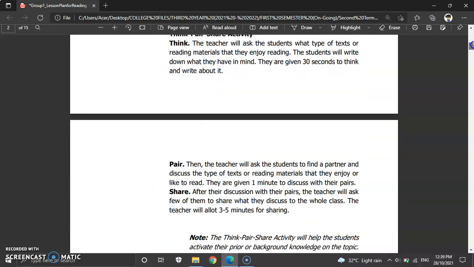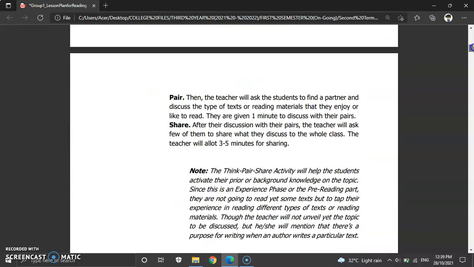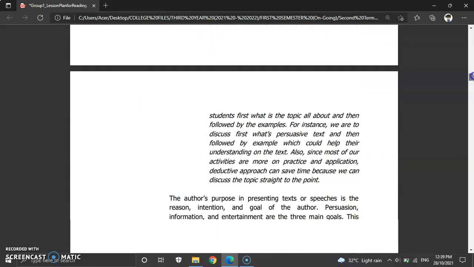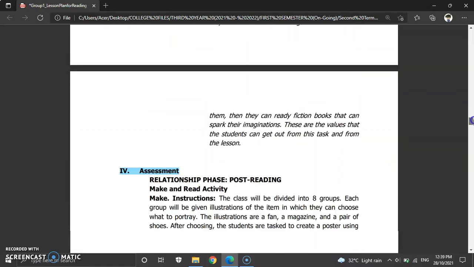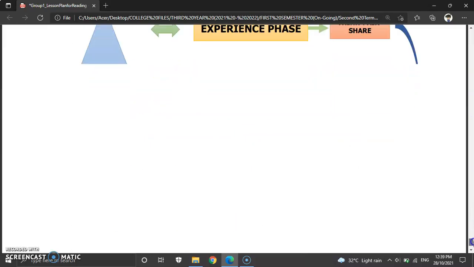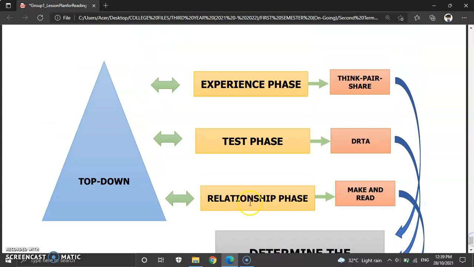I will not discuss it one by one. We will go straight to the approach, methods, and technique.